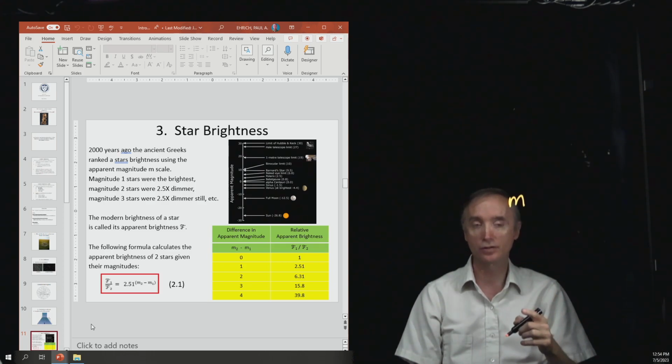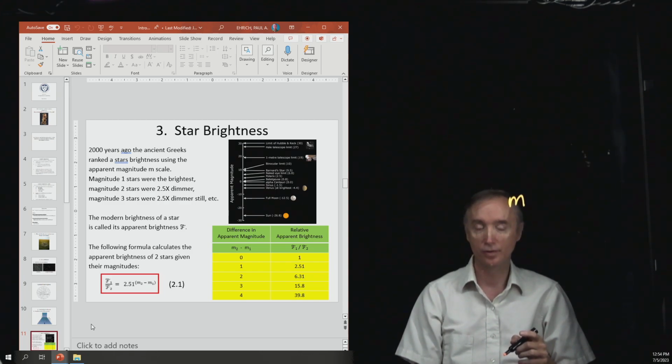A magnitude 1 star meant it was the brightest star, and a magnitude 7 meant it was the dimmest star. This is something the ancient Greeks came up with, the magnitude scale.